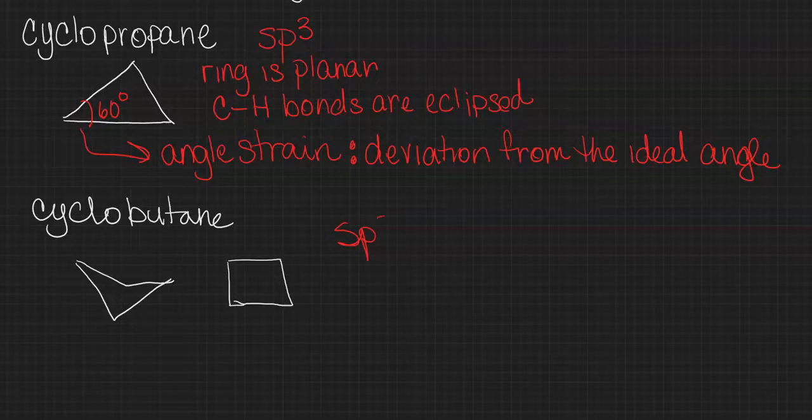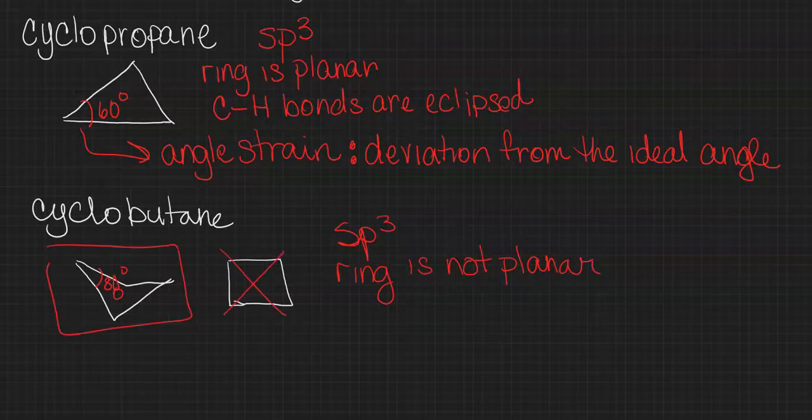Cyclobutane is also sp3 hybridized. It has an angle of about 88 degrees. The ring is not flat. It's not planar. We're looking at the bent one, not the flat structure. You'll notice that it is slightly folded.